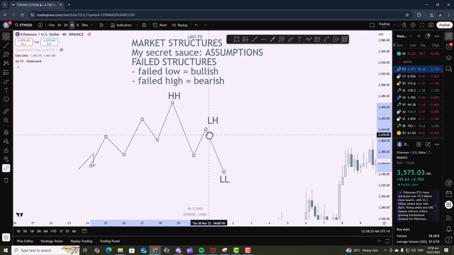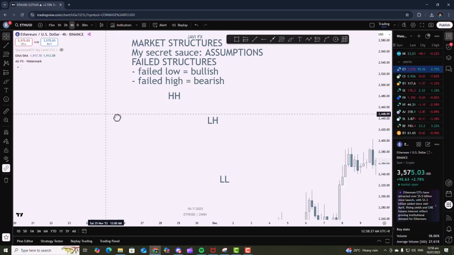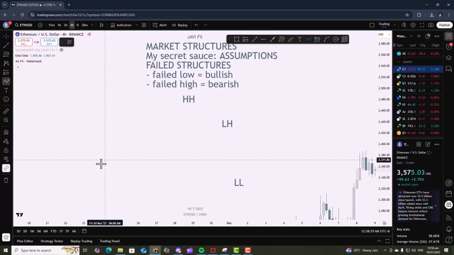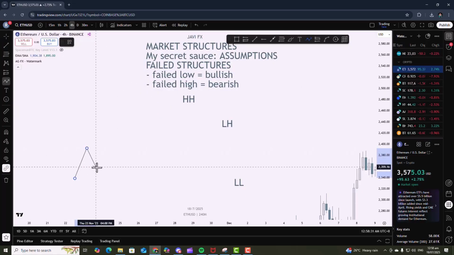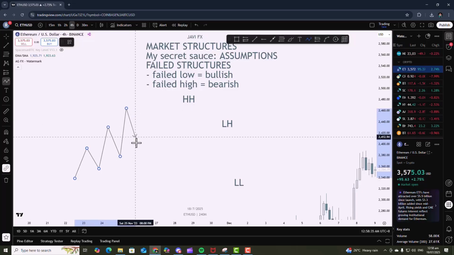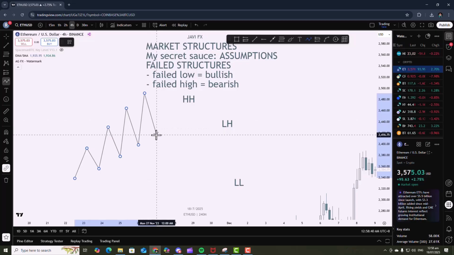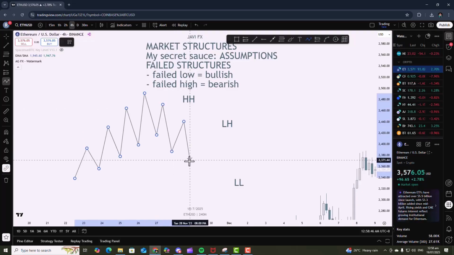This looks quite easy, so let's make it hard. Higher high, higher low, higher high, higher low, higher high, higher low. Ooh, what is this? Lower low, lower high, lower low.